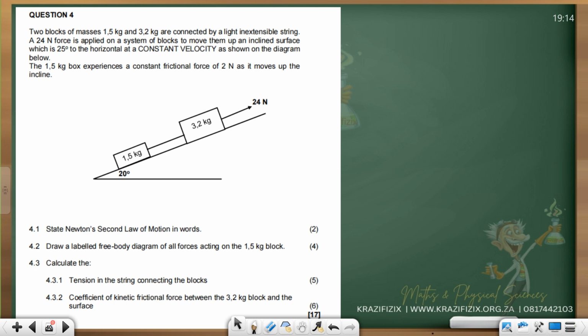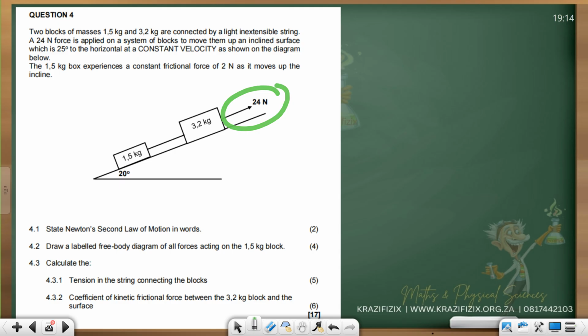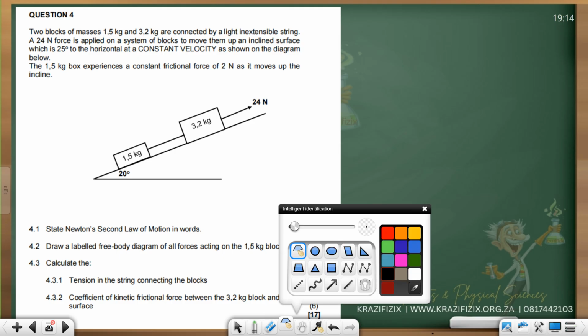Two blocks of masses 1,5 and 3,2 are connected to a light inextensible string. A 24 Newton force is applied on a system of blocks. All right, so you would see the 24 Newton there. To move them up an incline which is 25 degrees to the horizontal at constant speed.